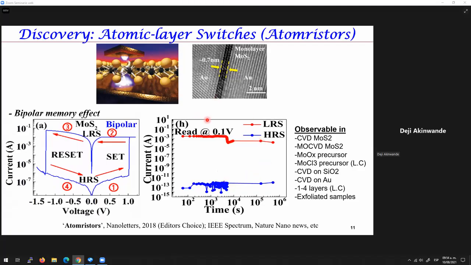So initially, when we got these results, there was a lot of technical concern that this phenomenon may not be intrinsic to the two-dimensional material because it has not been previously observed.